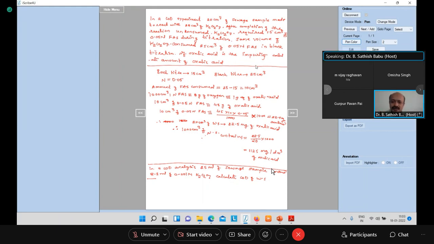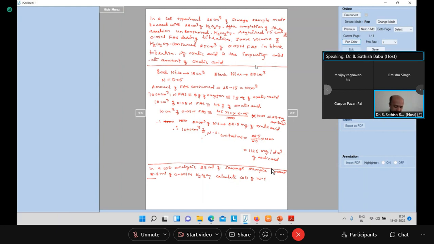We just want to know how much potassium dichromate is consumed, right? But here, they have directly given how much is consumed. One twist they have done here: instead of giving in terms of normality, they have given molarity. So that molarity you have to convert into normality.